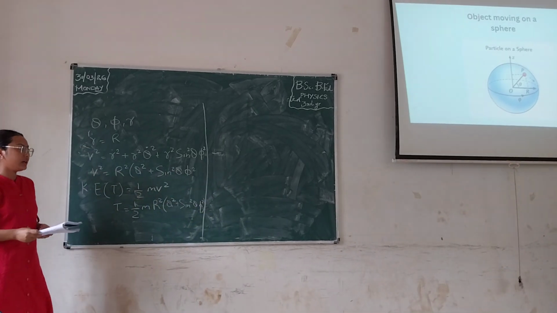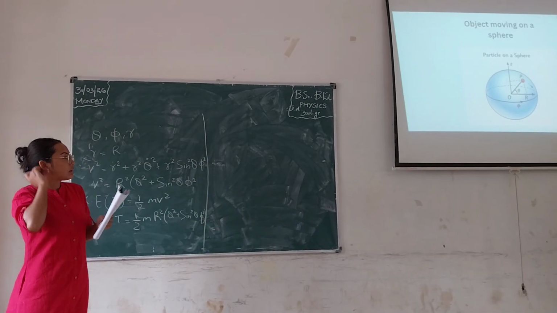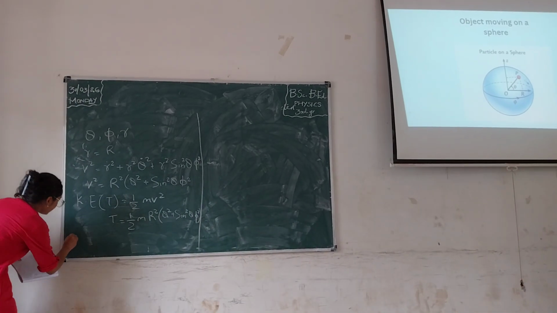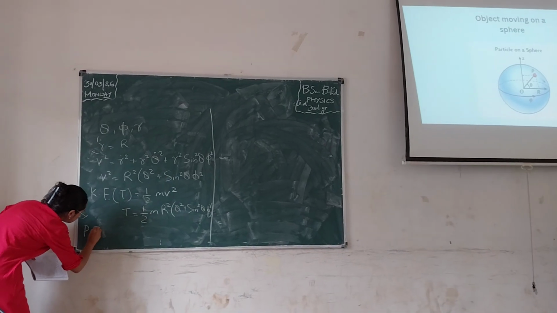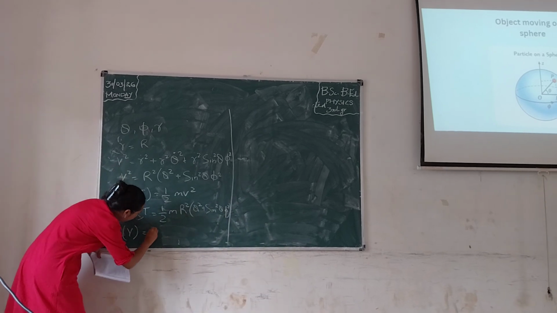And for potential energy, assuming the gravity acts along the z-axis, z would be r cos theta.